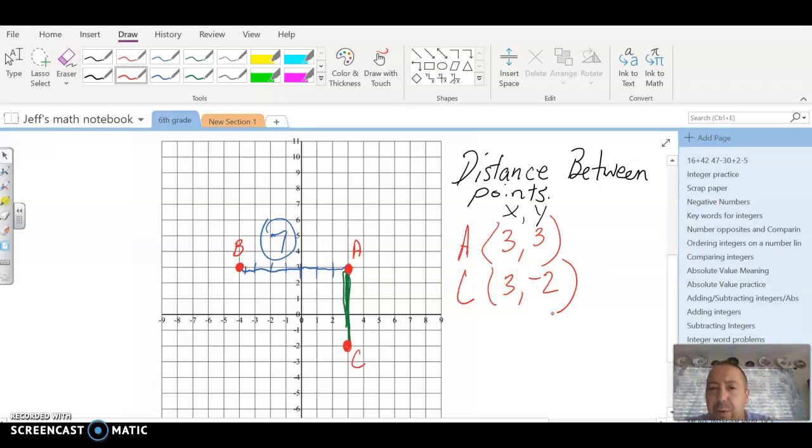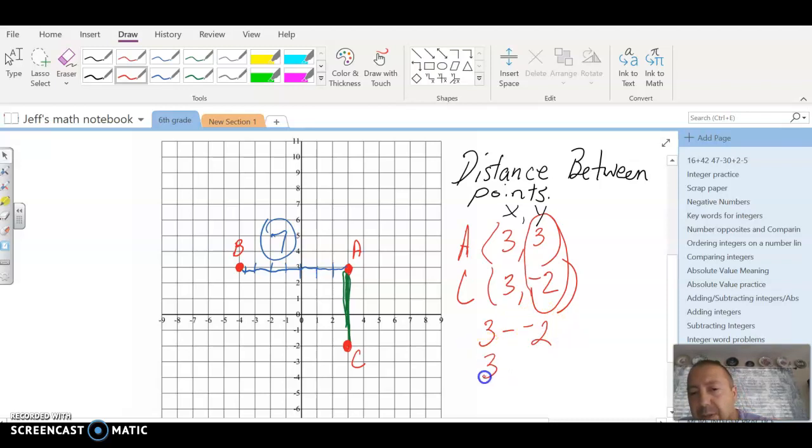Notice that the x coordinates are the same, but the y coordinates are different. So we're going to use the ones that are different. We're going to use the y coordinates. The x ones we don't use because they're the exact same number. So I take the y coordinates and I do 3 minus -2. And again, I say keep, change.